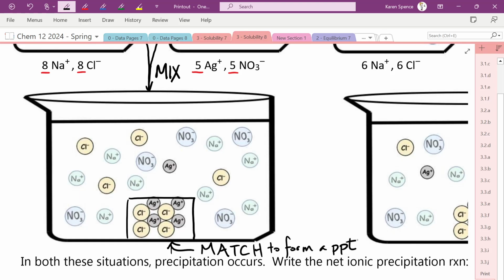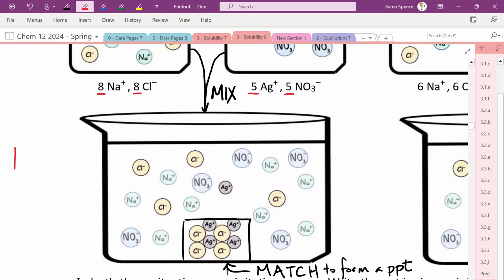Now you'll notice all our sodium are still floating around, all our nitrate are still floating around, all our spectators have done nothing. But remember, AgCl is low solubility. That means there's a tiny bit dissolved. But there is a little bit dissolved.